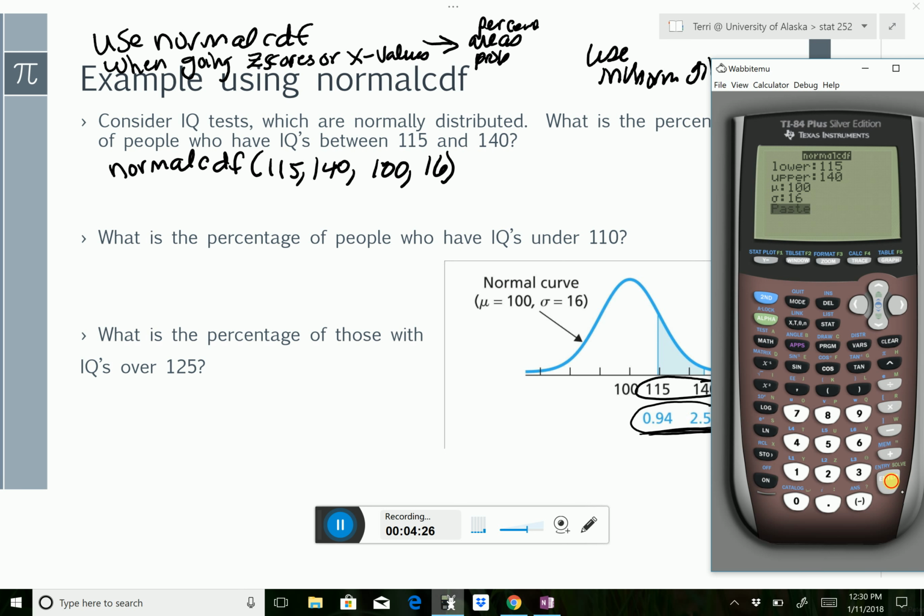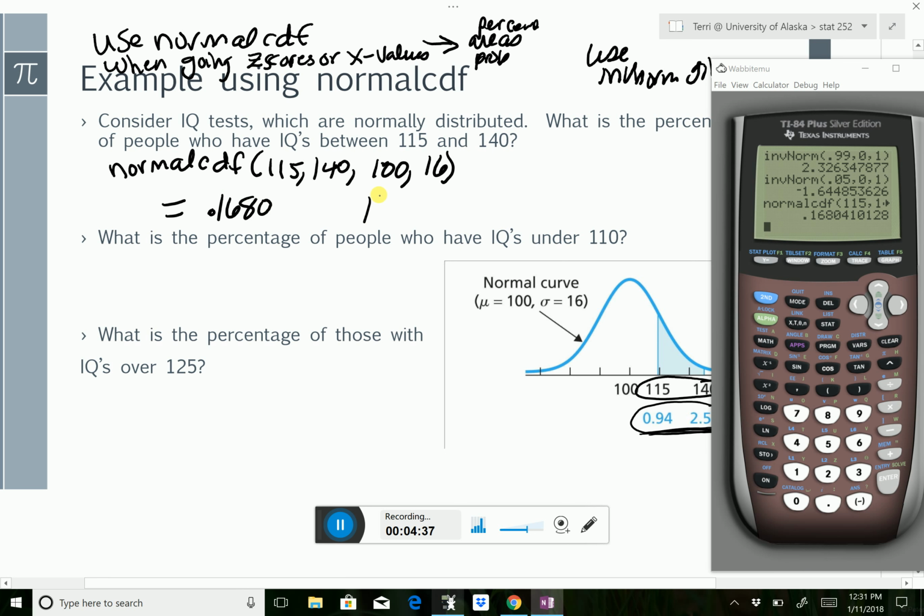And then you just hit your paste key, and it does exactly what I just wrote here. And our answer is 0.1680. So about 16.8% of people have IQ tests between 115 and 140.